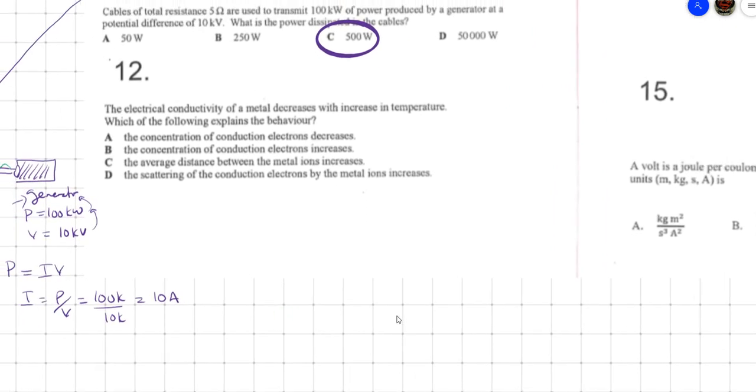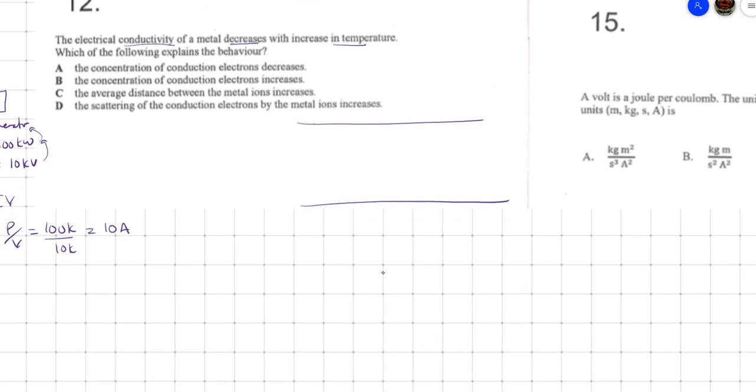This one is the conductivity decreases when temperature goes up. Now let's think of the wire. Wires are solid, made of atoms or ions.